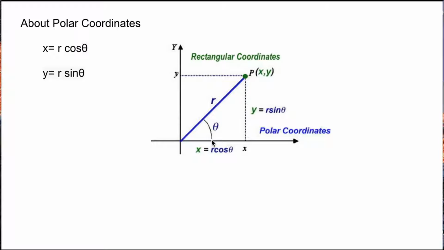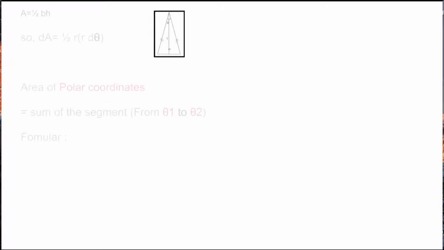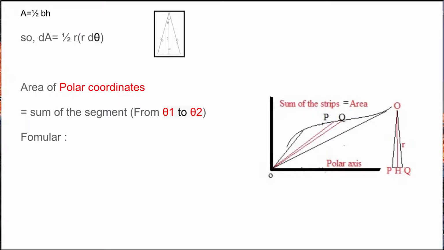So in polar coordinates, the relationship with rectangular coordinates will become x equal to r cosine theta and y equal to r sine theta. So the area of the polar coordinates will look like that.